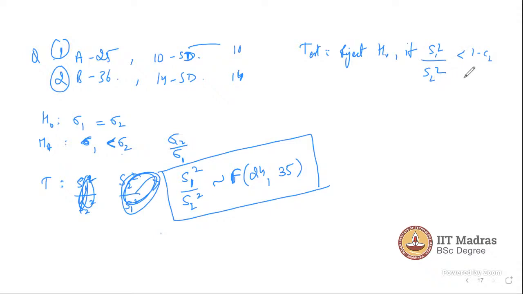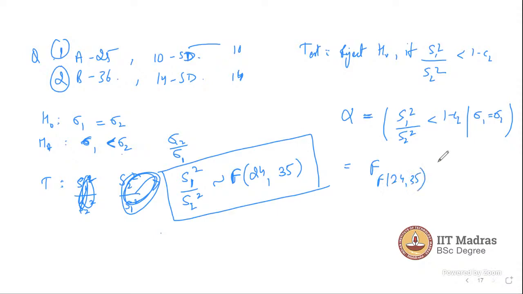Now if I find my alpha, it will be what? Reject H0 if your test statistic is less than 1 minus CL. So test statistic S1 square upon S2 square is less than 1 minus CL given my null is true. So sigma 1 equals sigma 2. Right. And this is following F 24, 35 distribution. So this is basically F 24, 35 distribution with 1 minus CL.